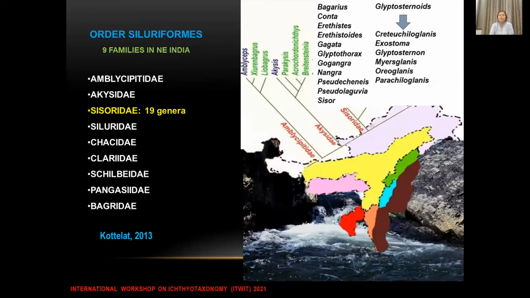Coming to Northeast India, the order Siluriformes has 9 families, according to Ng and Kottelat 2013. Nelson 2006 and Nelson 2016 included another family, Erythistidae, which we think it is apt to include in Sisoridae as of now, and we follow Kottelat 2013.